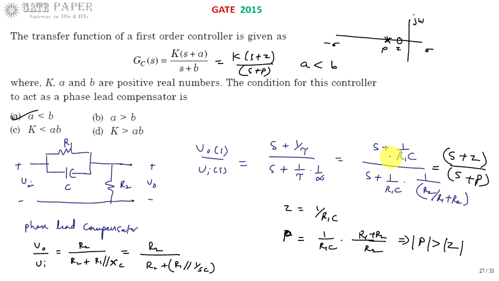In this equation we are not writing anything for K, so K can be assumed as 1. K into (S plus A) by (S plus B); K we have not written, so simply we can write 1 into something, and that 1 will be equal to K. So it doesn't have any effect. Simply, if the zero is nearer to the origin than the pole, then it acts as a phase lead compensator. So the right answer for this question is A.